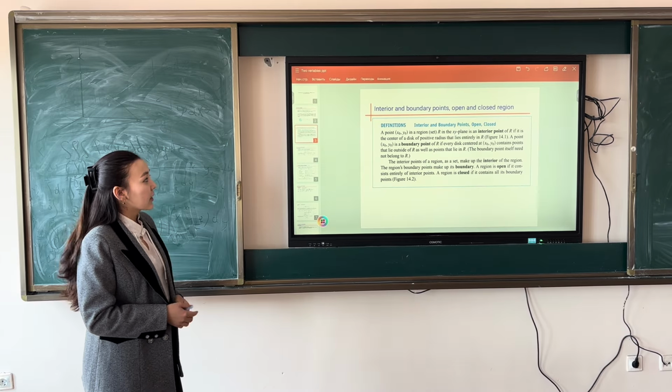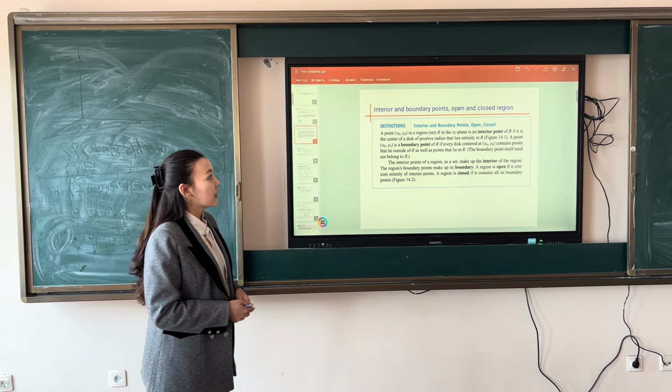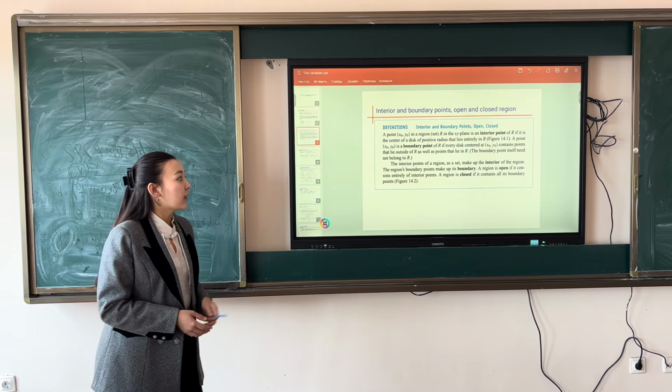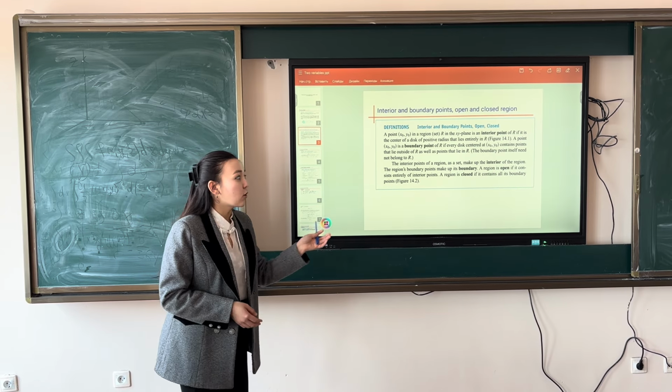Interior and boundary points, open and closed regions. Definition: interior and boundary points, open and closed.